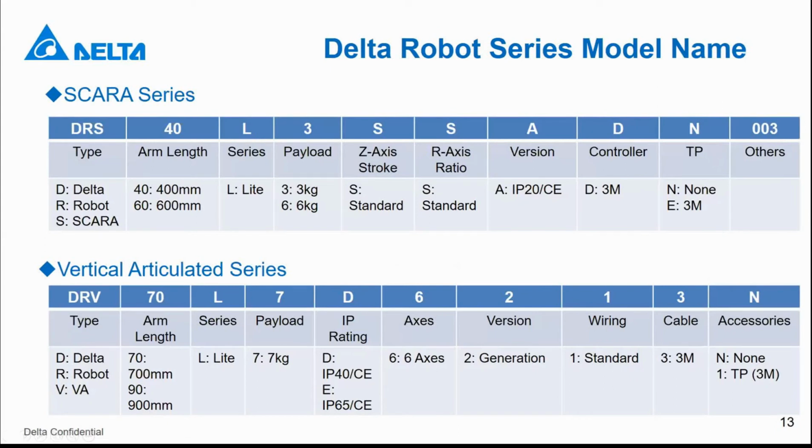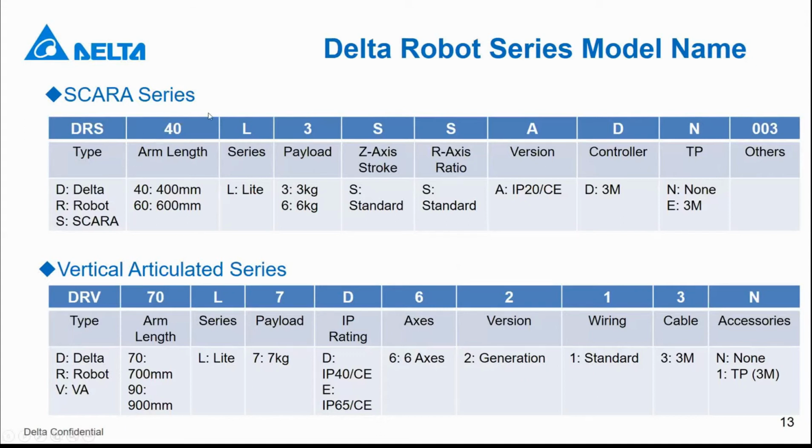And then here is our model name, because you need to choose the robots with different specs, so the model name will be important. So I will introduce the model name here. First is the SCARA series. In the SCARA series, it will start with DRS. That stands for Delta Robot SCARA.